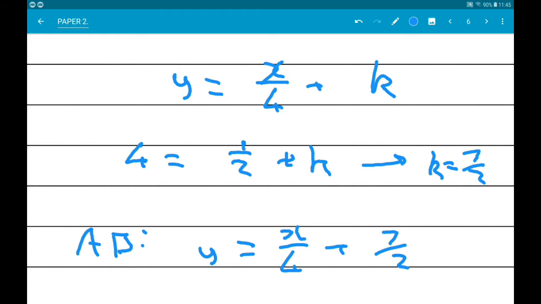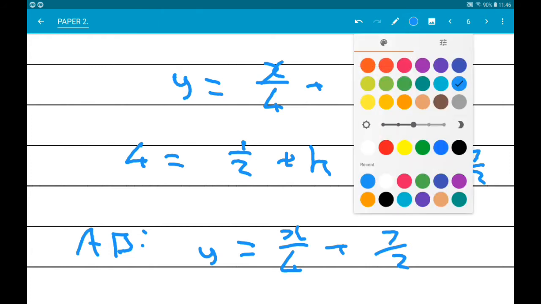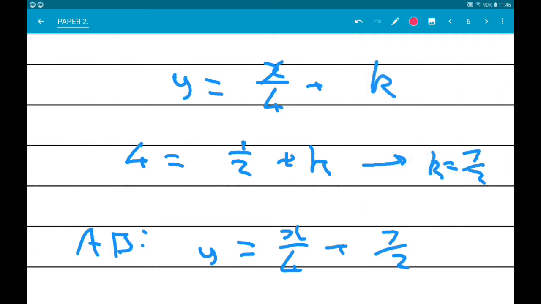Okay, now our first mission is to find the x coordinate at A. So, we know when x is a, y is 3.